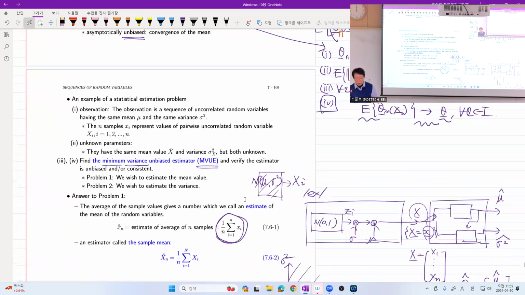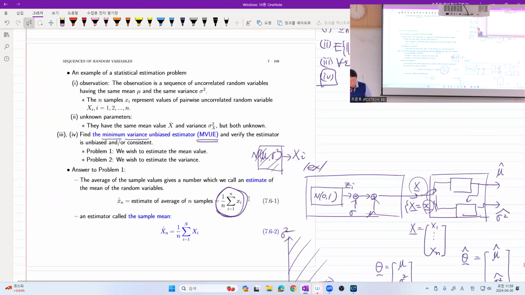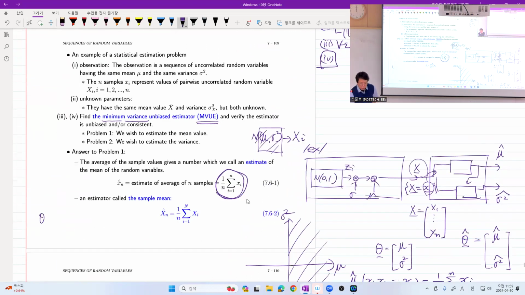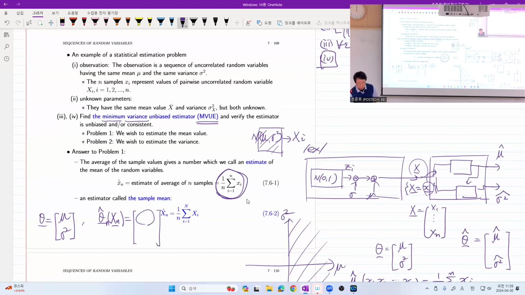So be careful. What you want to do is set theta equal to mu and sigma square, okay? And we want to find some theta hat of xn. Here, n means you take n of them. Of course, this may be two functions, right? Some function of xn and another function of xn. Here, we use the sample mean and sample variance estimators.